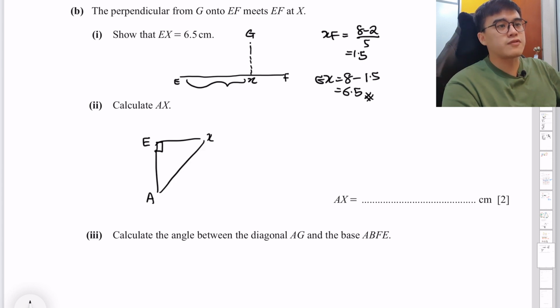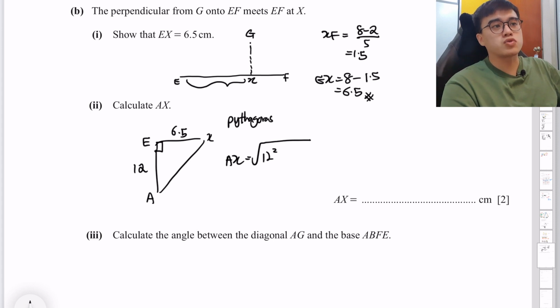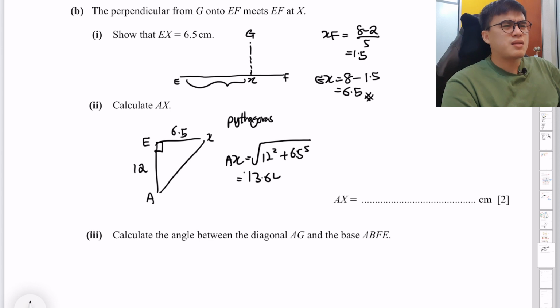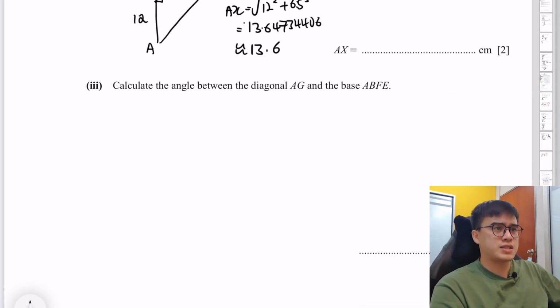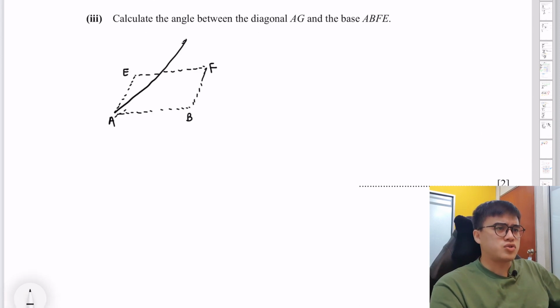I got my EX information as 6.5 and my EA as 12. So using Pythagoras' theorem, correcting it to 3 significant figures, you should get 13.6 for this. So for part 3 here, I illustrated out the base, with the G point located somewhere around here.